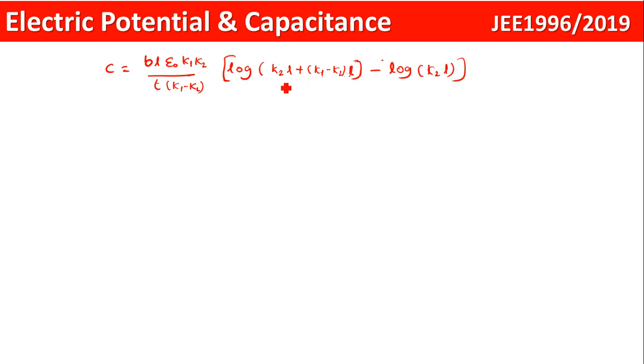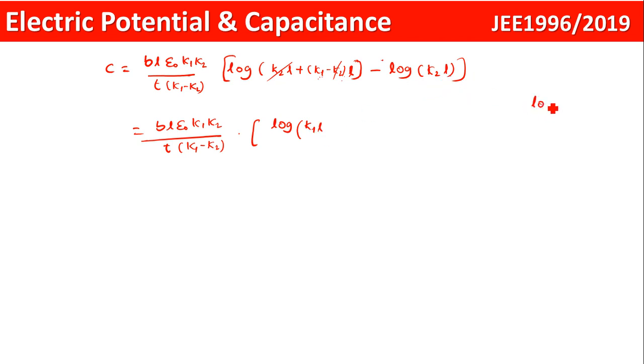So here if you see, K2L plus K1L minus K2L, this term and this term get cancelled, you will get BL epsilon naught K1 K2 divided by T into K1 minus K2. Now it is nothing but a log of K1L here, and this is a minus log K2L.